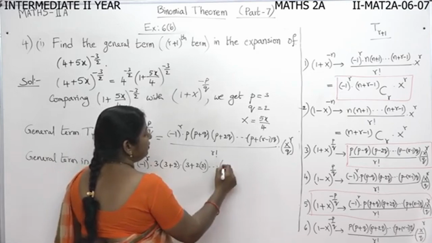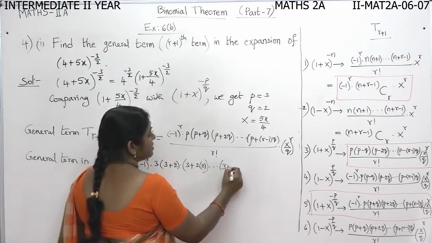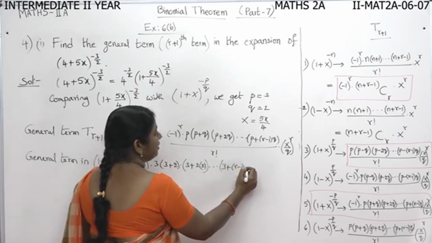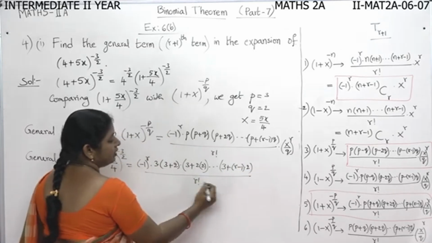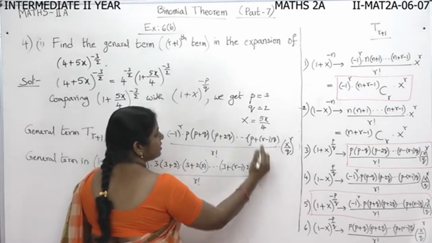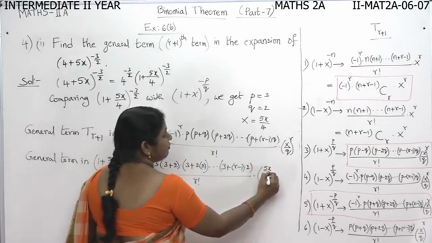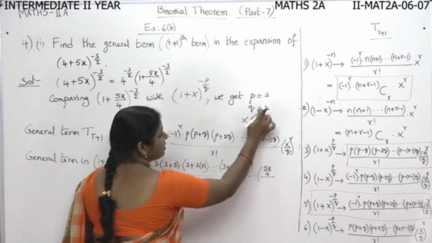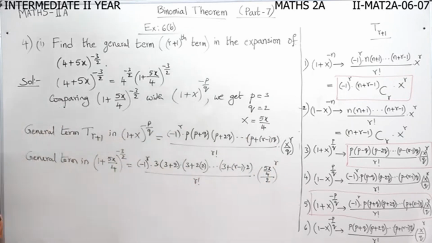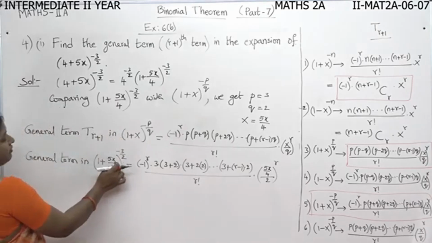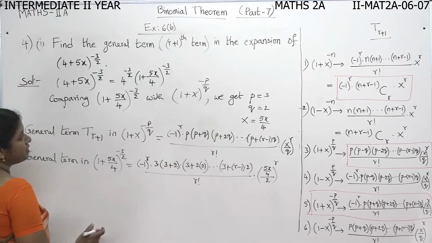Again, what is p value? It is 3. So 3 plus, we don't know r, so r minus 1 into q value is again 2 by r factorial into, what is x? X is nothing but 5x by 4 by q value is 2 to the power of r. So this is the general term in 1 plus 5x by 4 to the power of minus 3 by 2.